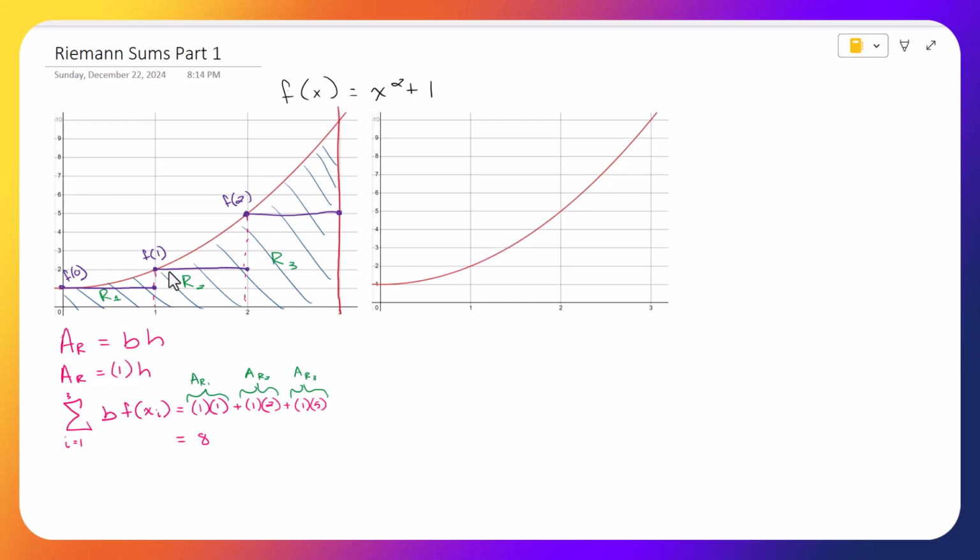But okay, so this is the area of all our rectangles. We're adding them together, and we get that 8 is our approximate area under the curve. So let's write that. Area under curve is about 8.